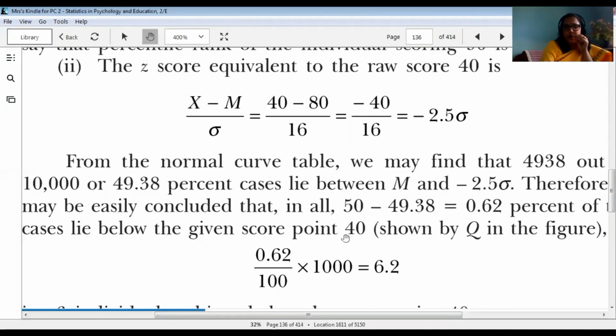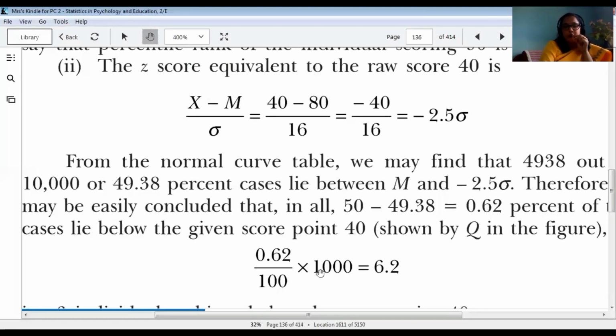Okay, got it? And here you can convert the percentage into a whole number or a round figure when the number of individuals is given in your sums. But you have to remember that the number of individuals will not be given in every sum.